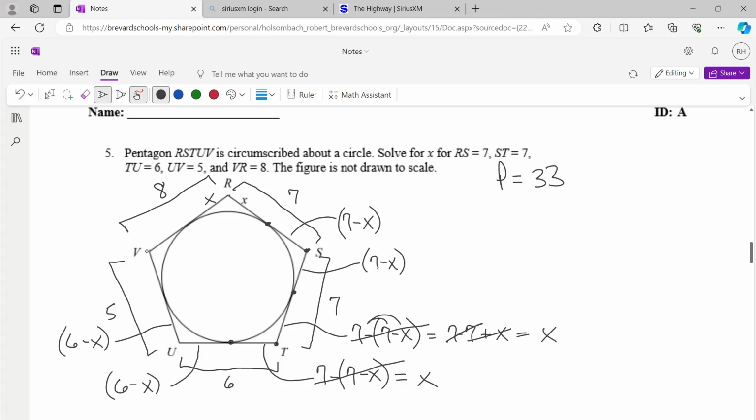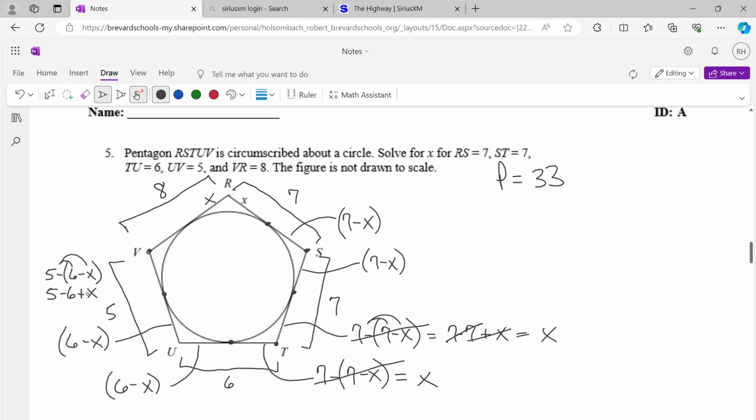It makes this top tangent from V to this point of tangency now 5 minus 6 minus x. Again, you've got to distribute this negative sign. When you distribute the negative sign, you get 5 minus 6 plus x.